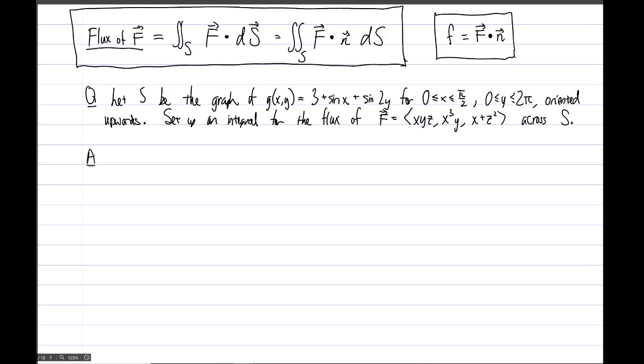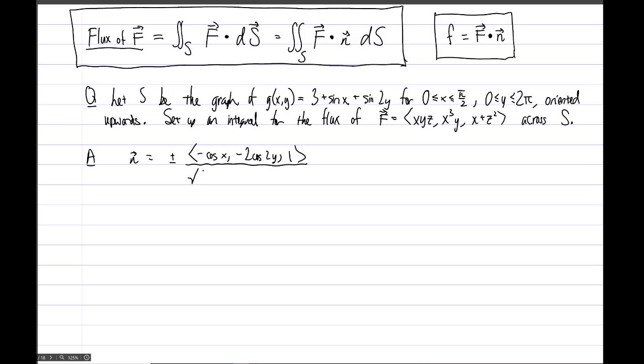To answer this, we are going to need an orientation, which is usually labeled with an N. So this will be either a plus or minus of, and let's say offline we already computed, take this function right here and take g sub x cross g sub y, and you should end up with negative cosine of x, negative 2 cosine of 2y, 1.